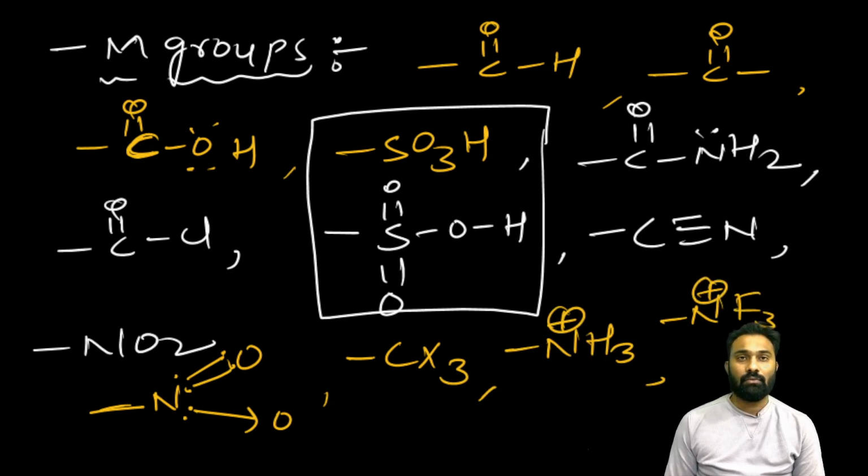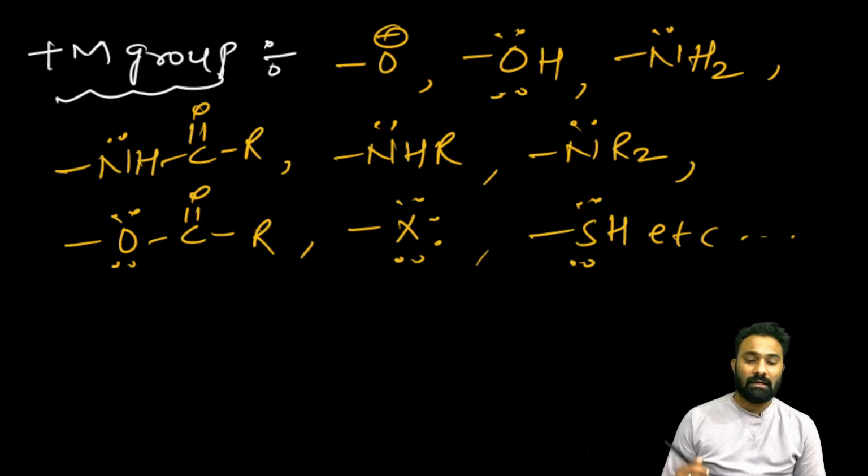Now these are the groups which will withdraw the electrons, and these are the groups which will release the electrons. Clear. Now, based on this, we are going to see the types of resonance. How many types of resonance are there, and how will this resonance be shown?